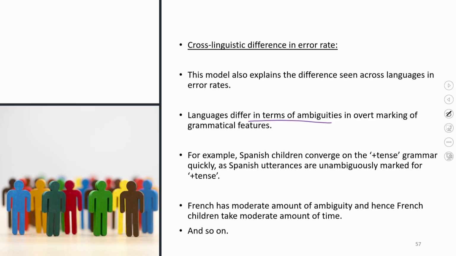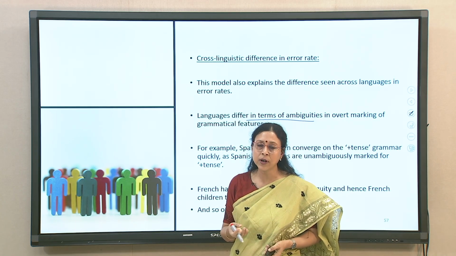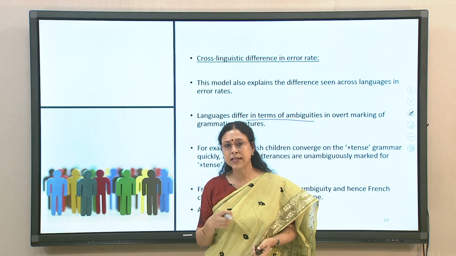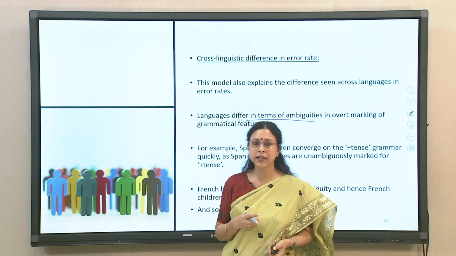It is a spectrum. Depending on where in that spectrum the language lies, it will decide the kind of errors and how long the errors continue in that language. The ambiguity we are talking about is the lack of overt marking of morphological features. We are not talking about semantic ambiguity here.